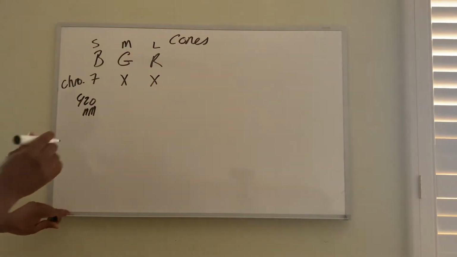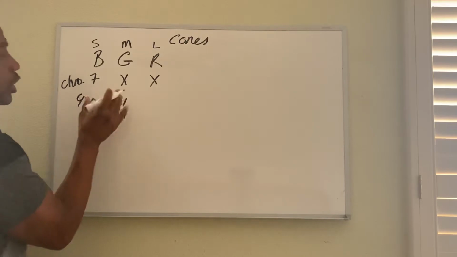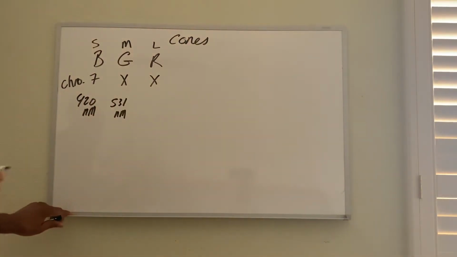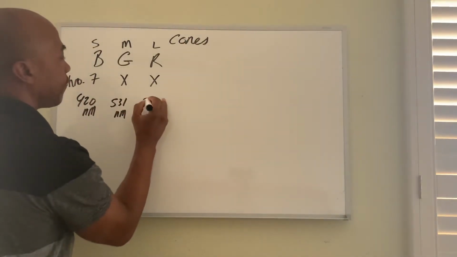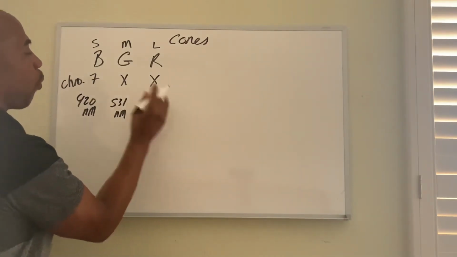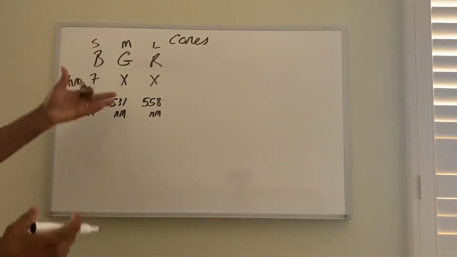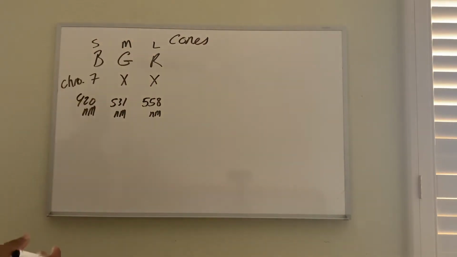Then your green cones are at 531 nanometers, maximally responsive. And your red cones are at 558. So different light wavelengths will turn them on differentially. So basically, a different color light will activate them at different levels.